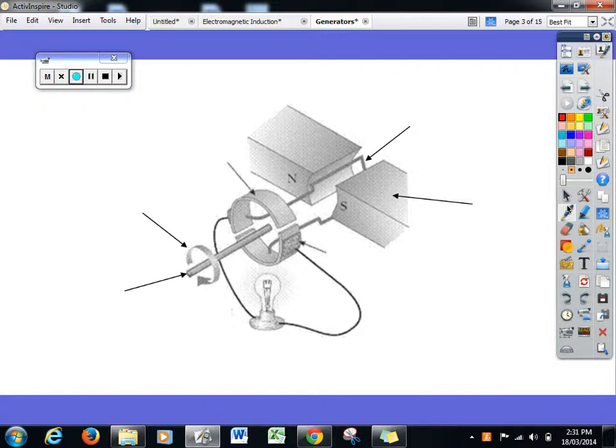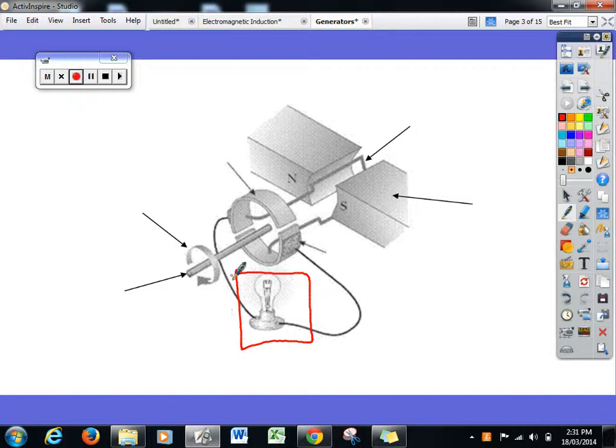There's only one difference. In the DC motor, this thing here was different. In a DC motor, that was a power source. So the structure of a generator is basically the same structure as a motor.